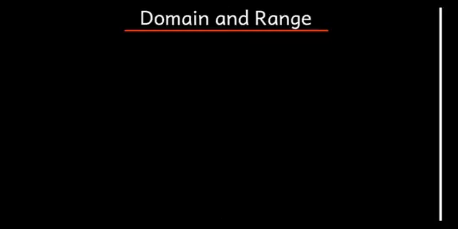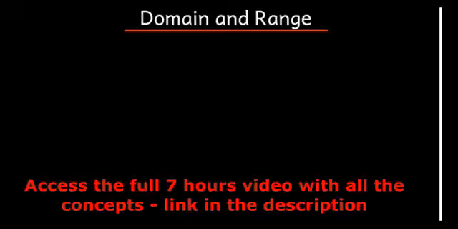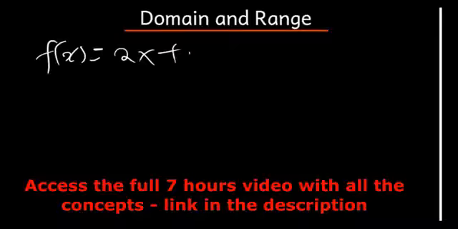So let's talk about how to find the domain and the range of a function. Let's start with the domain. Whenever we're talking about the domain, these are the values of x. And whenever we're talking about the range, these are the values of y. So let's say we have the function f of x is equal to 2x plus 1.